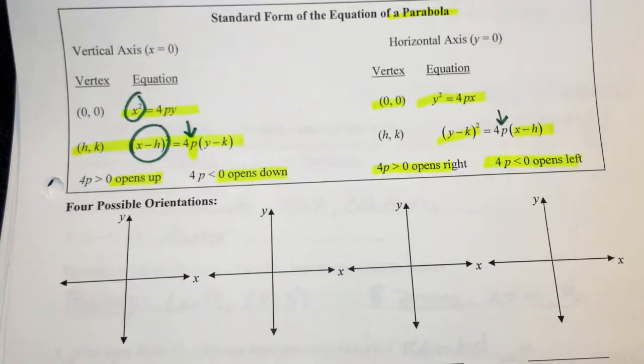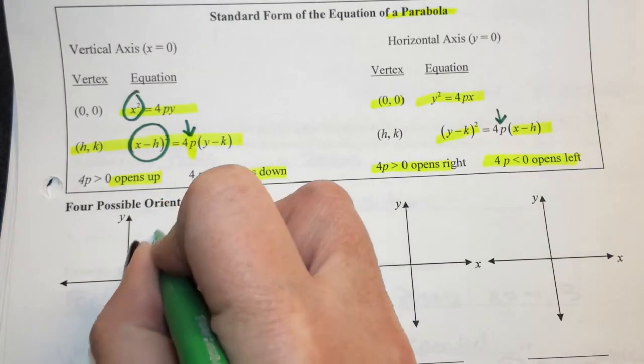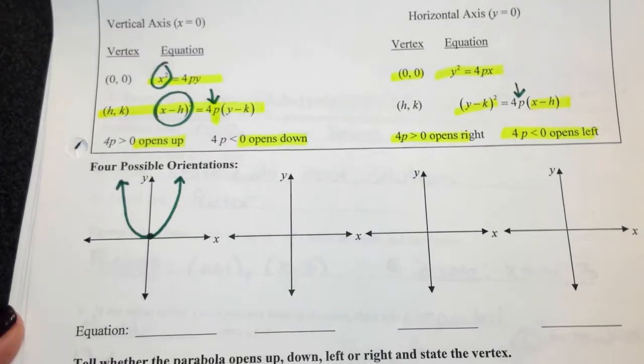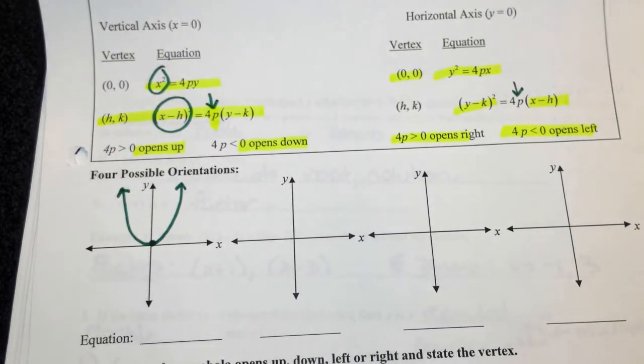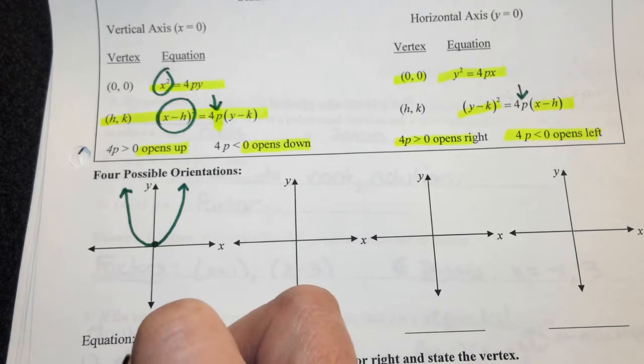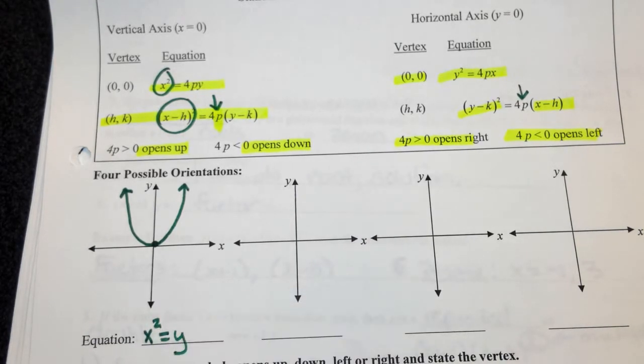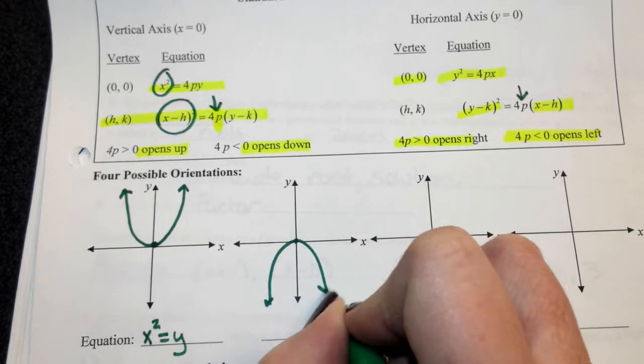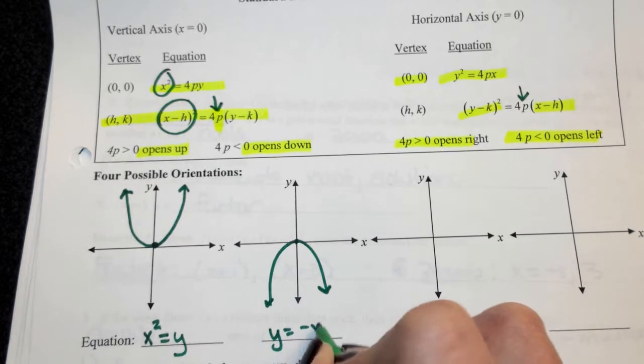So what you're familiar with is when the parabola opens up. You're familiar with that orientation. That happens when x squared is equal to y, or y equals x squared. It opens down if y is equal to negative x squared.